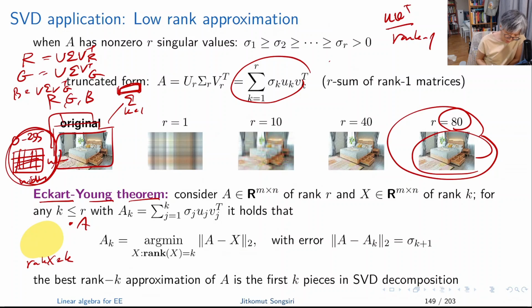The answer from this theorem says that the matrix that uses the singular value decomposition up to K terms will be the solution.